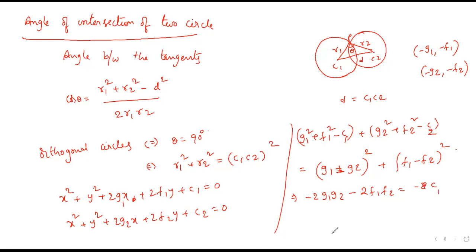By removing the minus signs, you will get 2g1g2 plus 2f1f2 equals c1 plus c2. This is the condition.